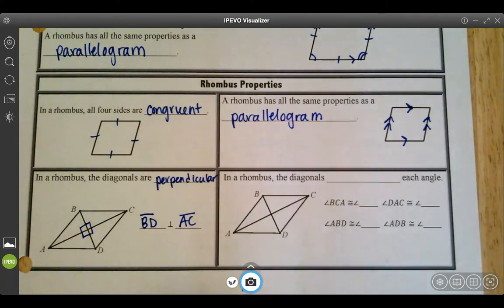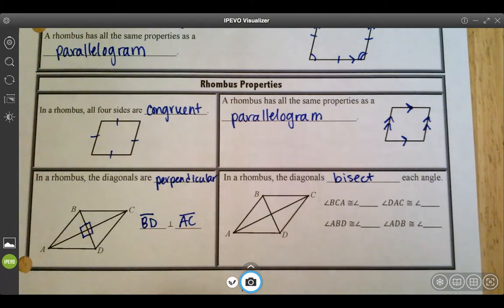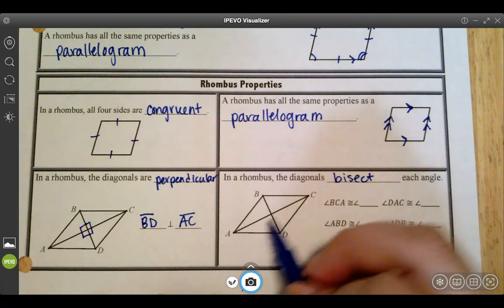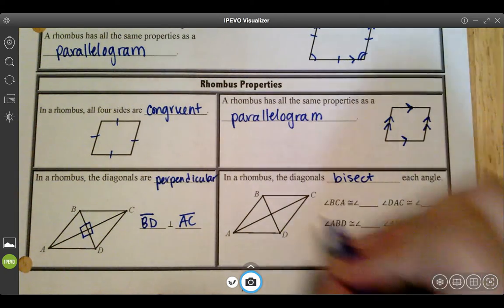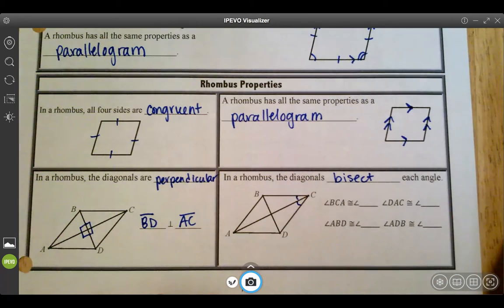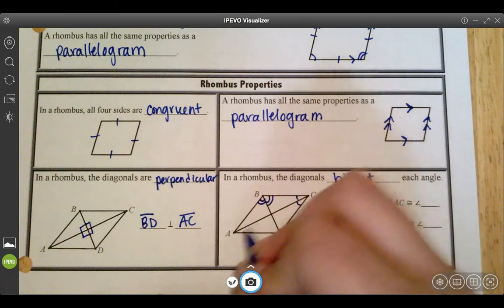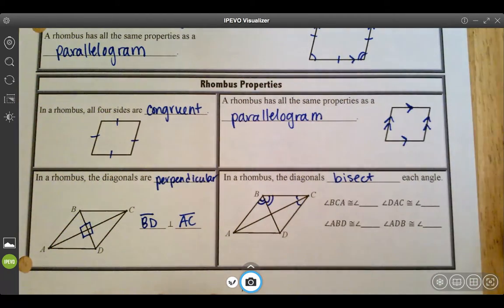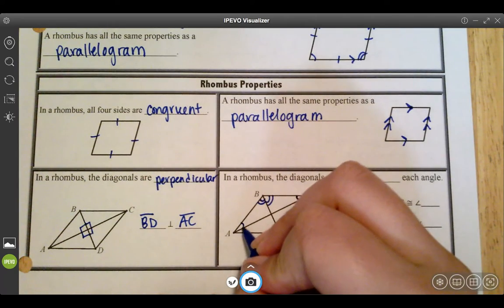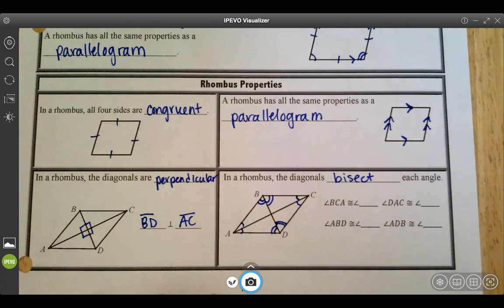Also in a rhombus, the diagonals bisect each other. This is a property from parallelograms, but not only do they bisect each other as segments, they bisect the angles as well. And so we can say these two angles are bisected, these are bisected. And since these opposite angles were congruent, if I have the same number and I cut it in half, it will still be the same number. So these are also congruent and these are congruent.